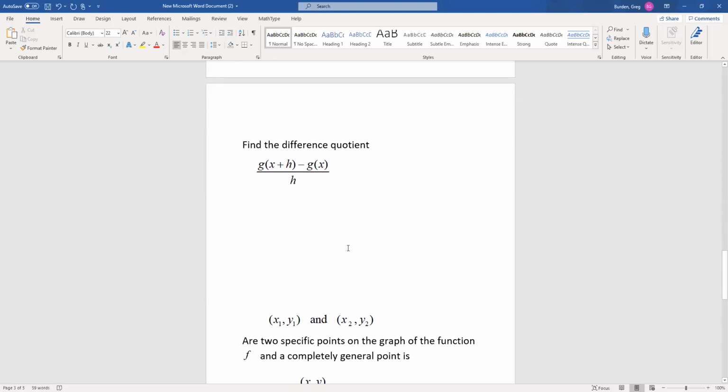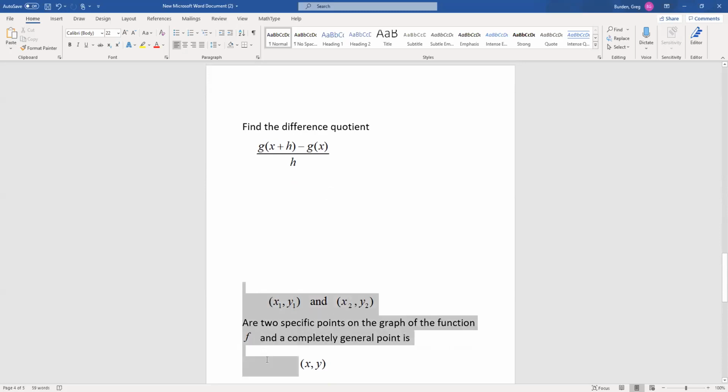Generally, you would freeze one point and then let the other point get closer and closer. And it's just more convenient sometimes to say that the difference between those points is going to 0. That's the h here, as talked about last time. H is the difference of the x coordinates. And the numerator here, g of x plus h minus g of x, that's the difference of the corresponding y values or y coordinates.